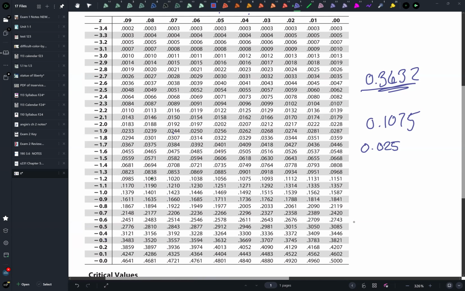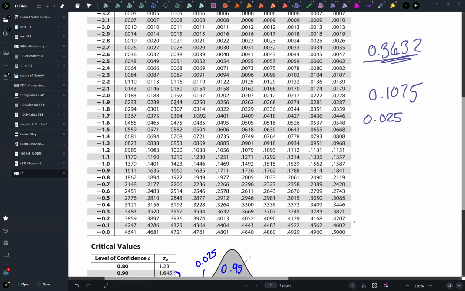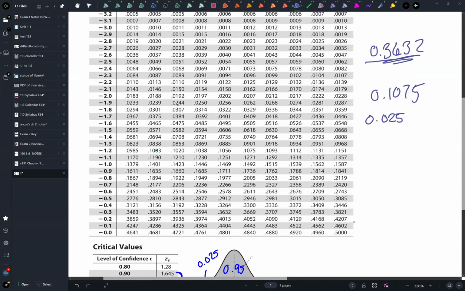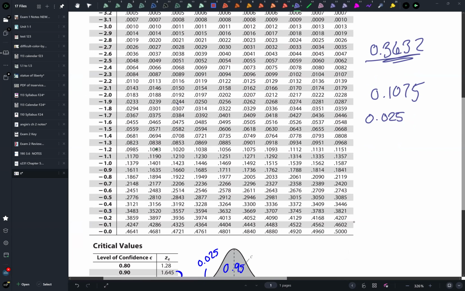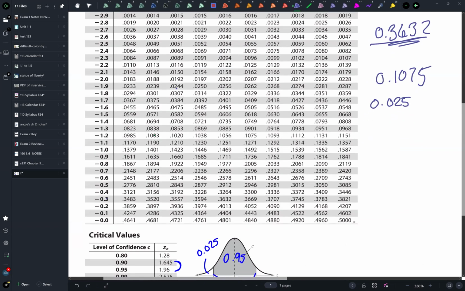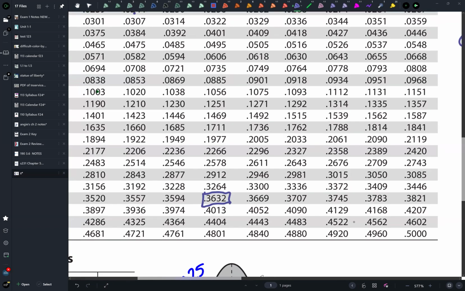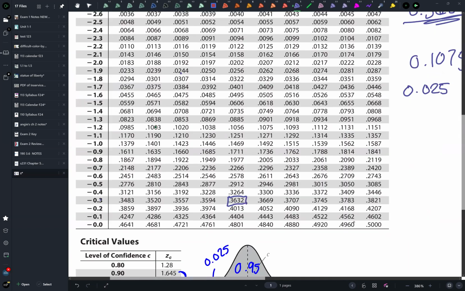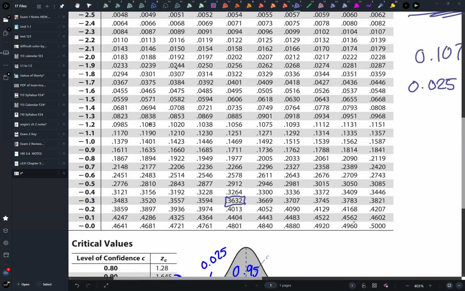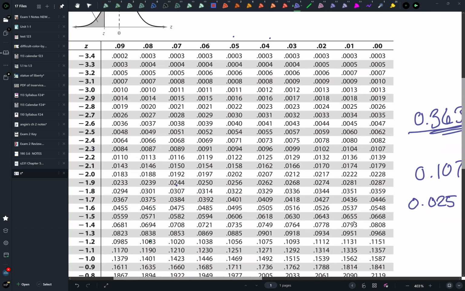Once I find it, I'll find the z-score that corresponds to it. It's not that hard. I'm looking for the 0.3s first, so I'm going down here, and then it's 0.36-something. Okay, this is 0.32. Go over here. I see some 0.36s, and voila, 0.3632. That corresponds to a z-score of negative 0.35.